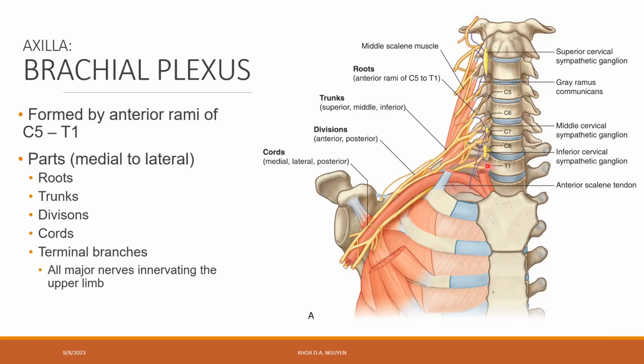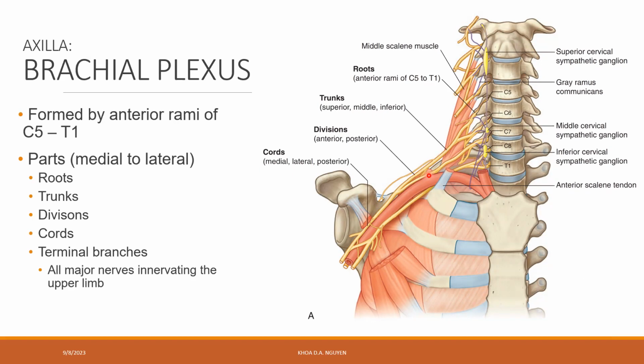Those anterior rami form what are known as the three trunks: 1, 2, and 3. Those three trunks are divided into six divisions, three anterior divisions and three posterior divisions.